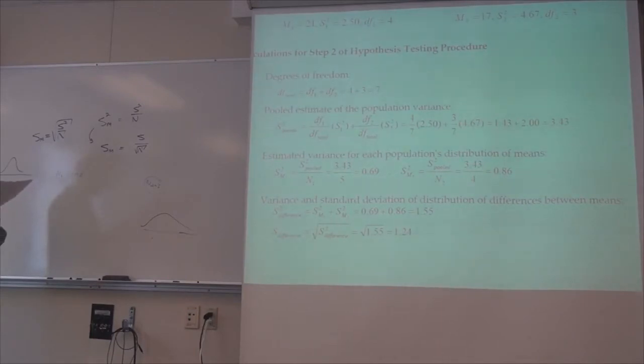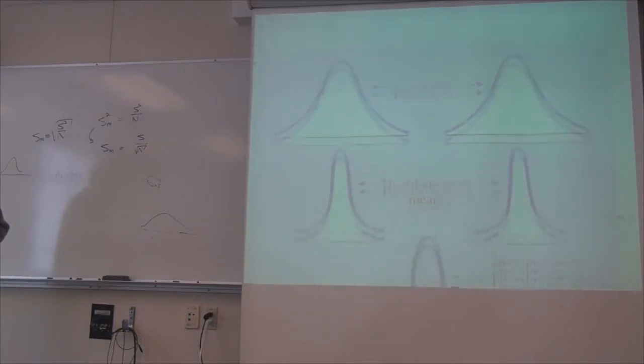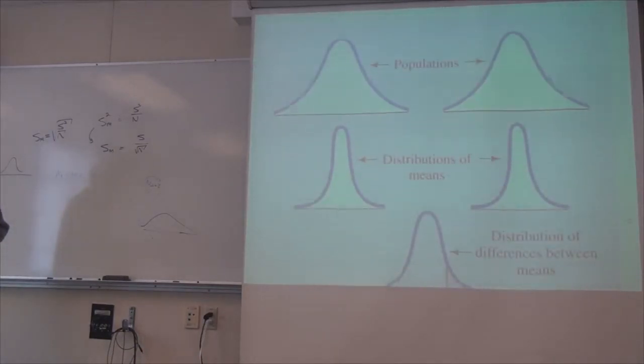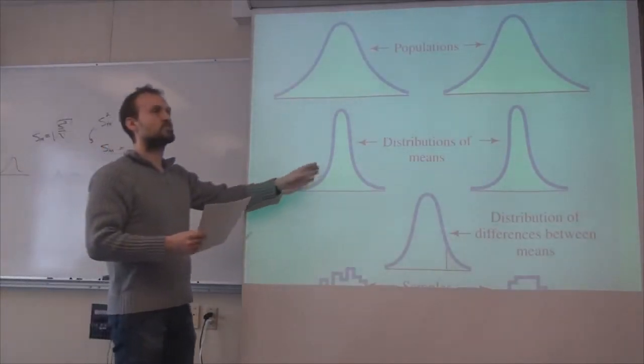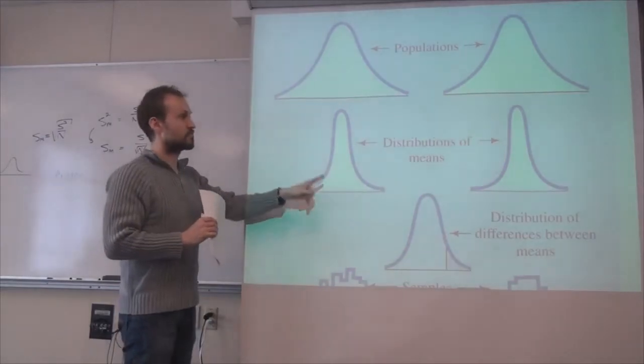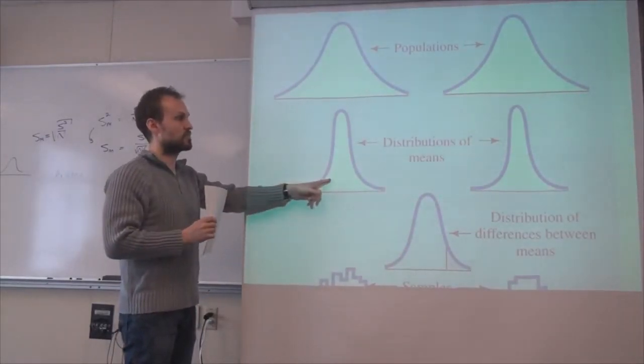Now I'm going to just visualize this first. I've done it separately, distributions of the mean for each one, because their sample size is different. I need to do them separately first.